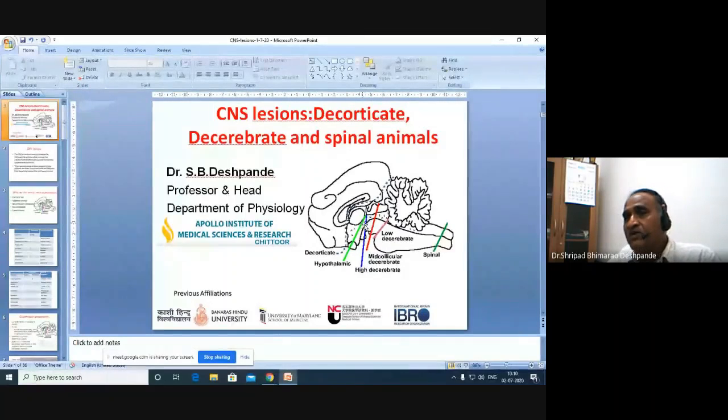Then this green one is where the hypothalamus is isolated, cut from the rest of the neural connections. Then these dotted lines are the decorticate. So we are going to see today the decorticate, decerebrate, and other preparations.